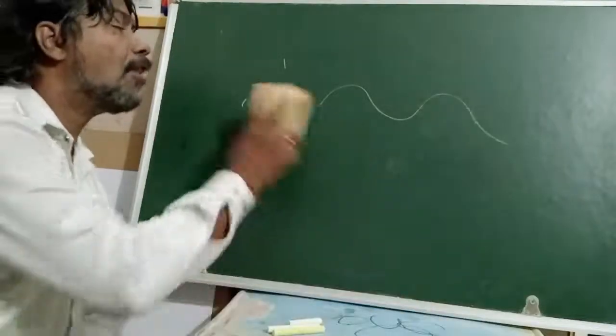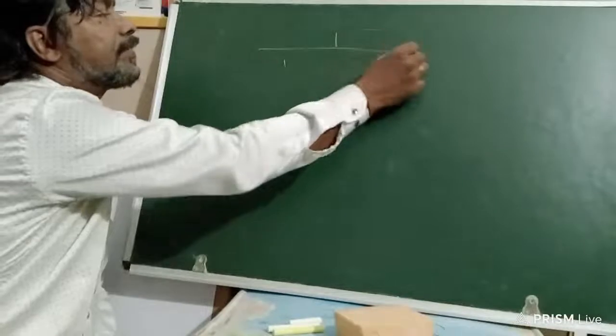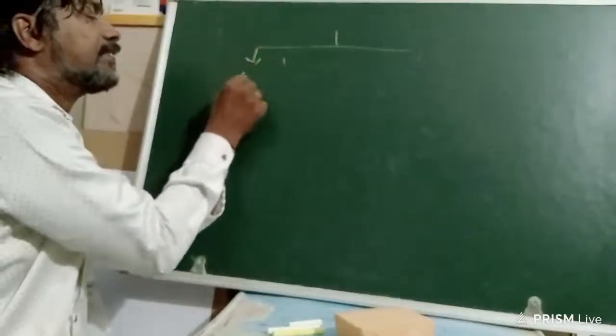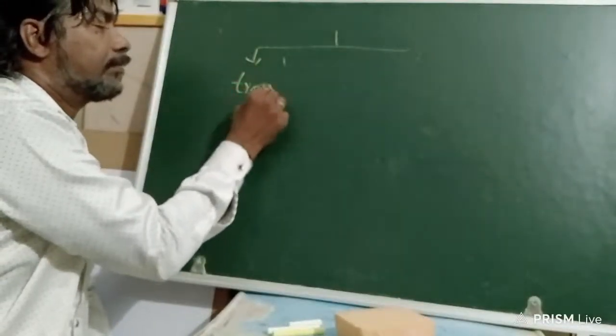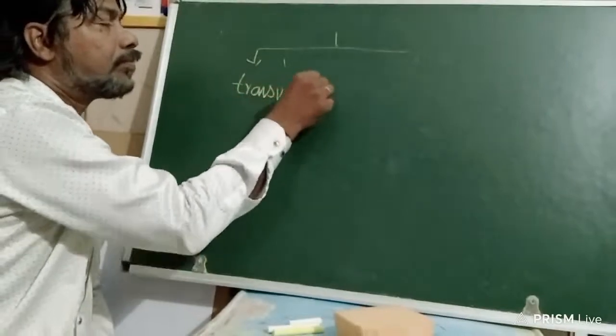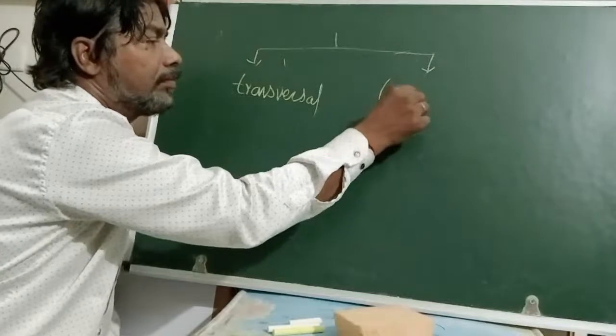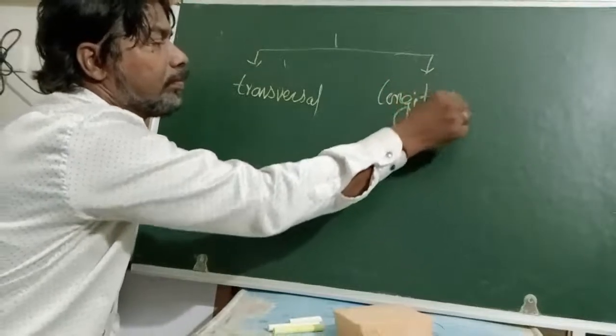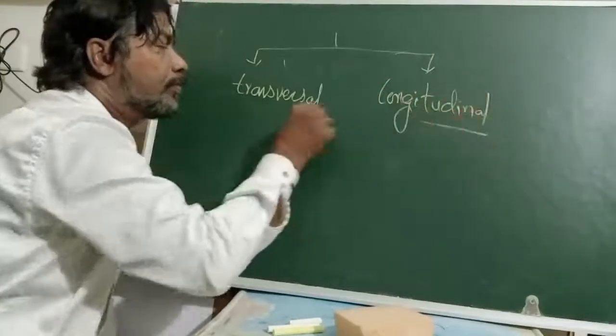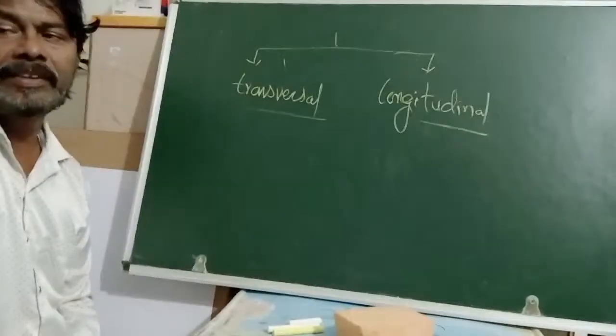Now, how many types of waves are there? There are two types of waves: transversal and longitudinal. Transversal waves and longitudinal waves.